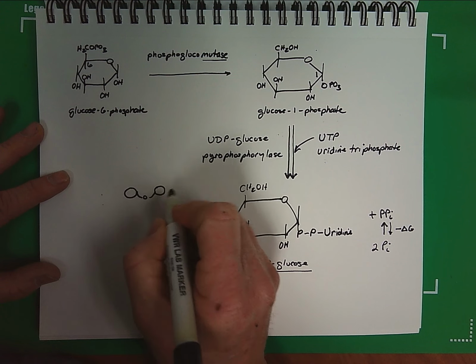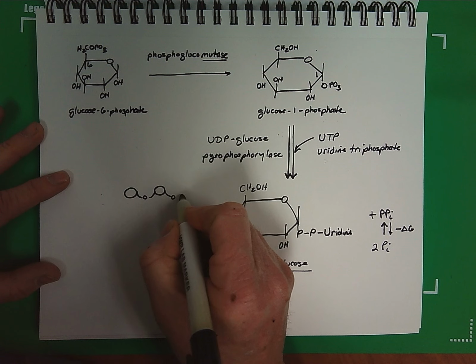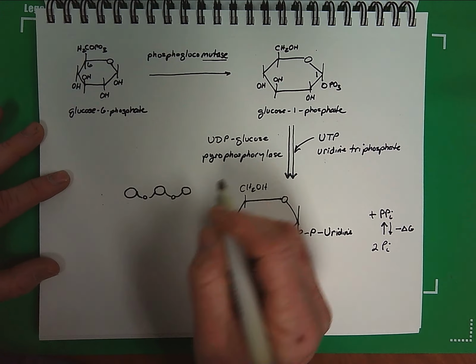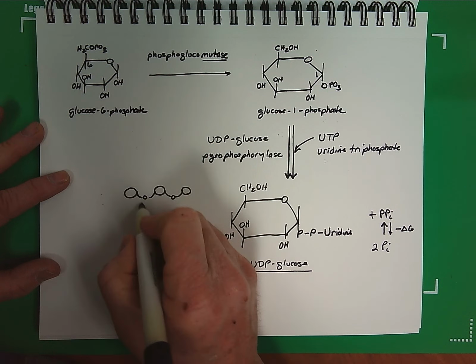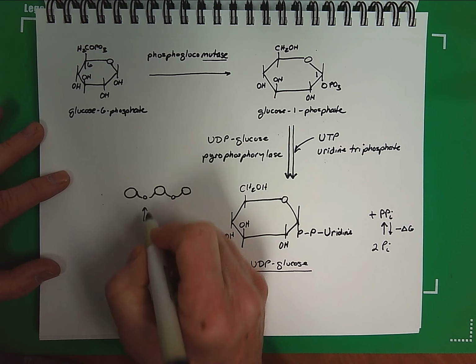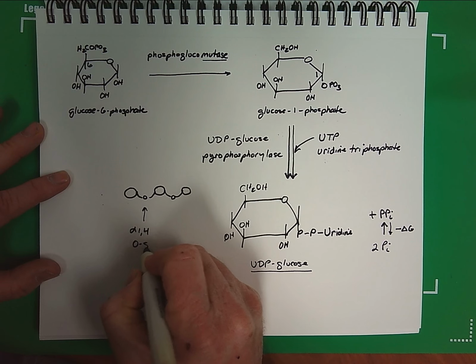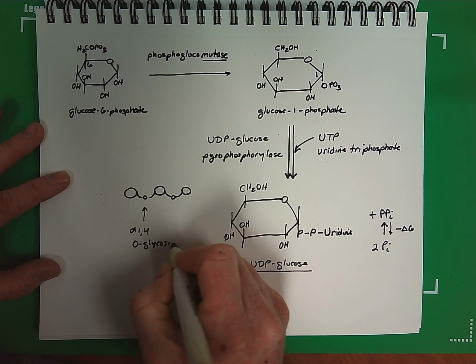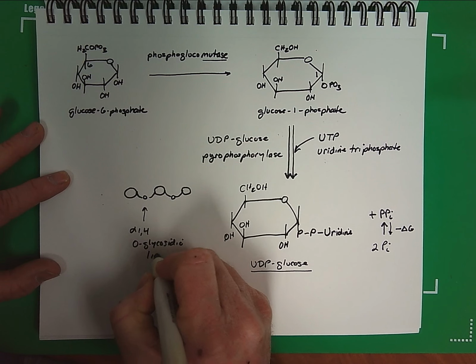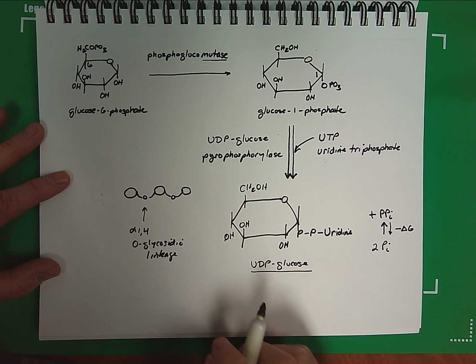I'm going to draw an abbreviated structure here. And what I'm drawing here are essentially glucose monomers, and these are linked by alpha 1,4-O-glycosidic linkages. Now this should be familiar to you because we've seen the same linkage in starch.